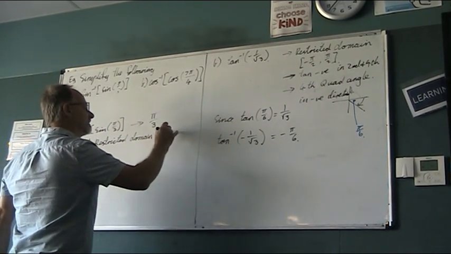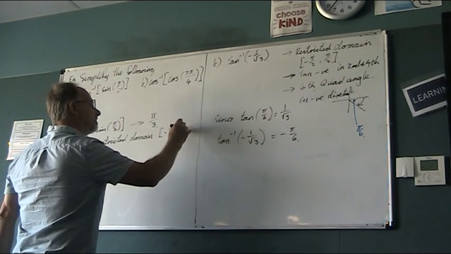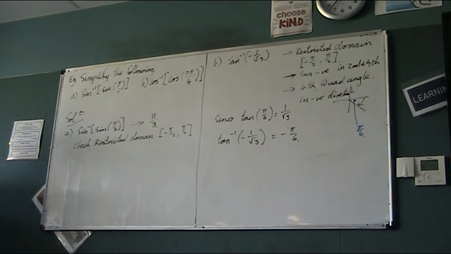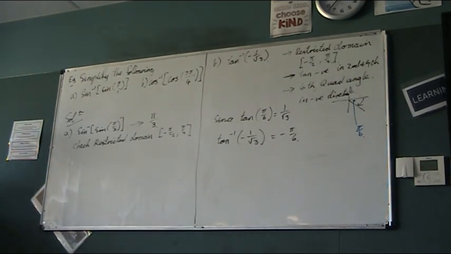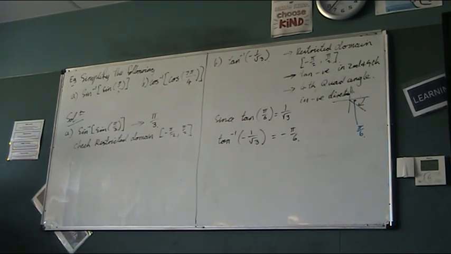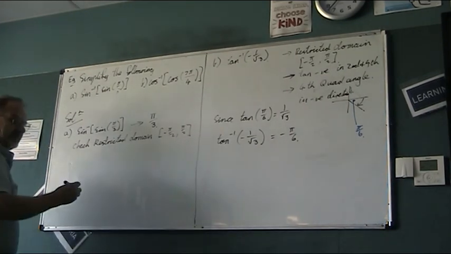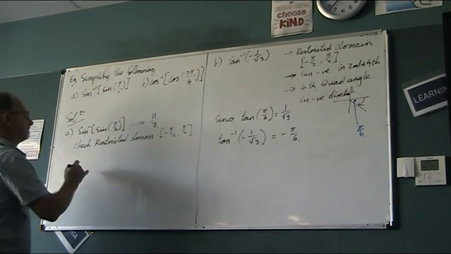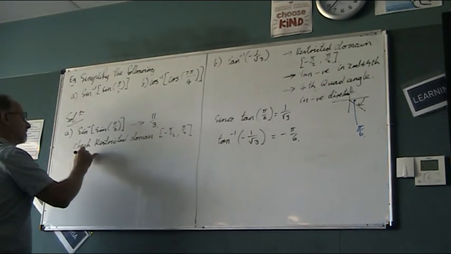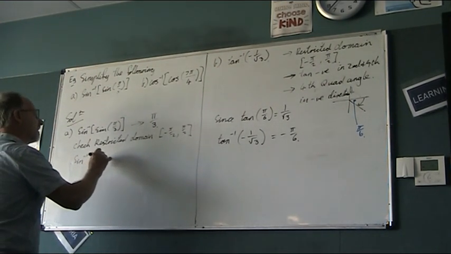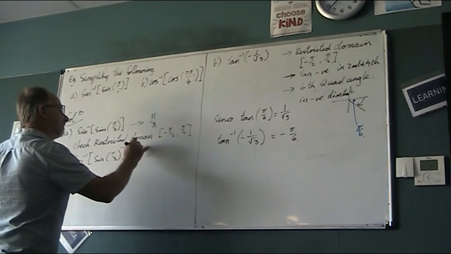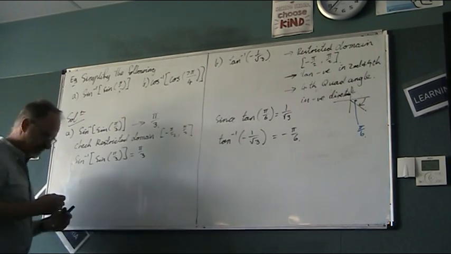In this case it's negative pi on 2 to pi on 2. And then we need to say to ourselves, okay, does pi on 3 fit into that? Yes, it does. So sine minus 1 of sine pi on 3 is equal to pi on 3.